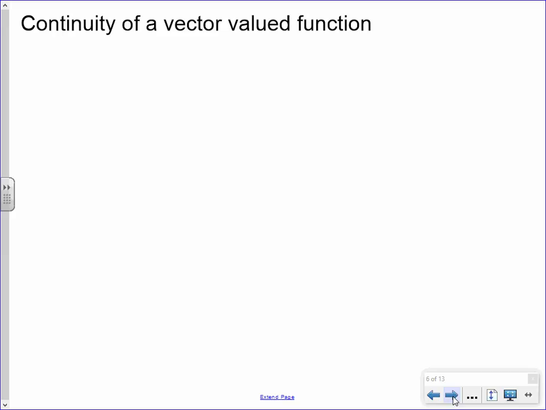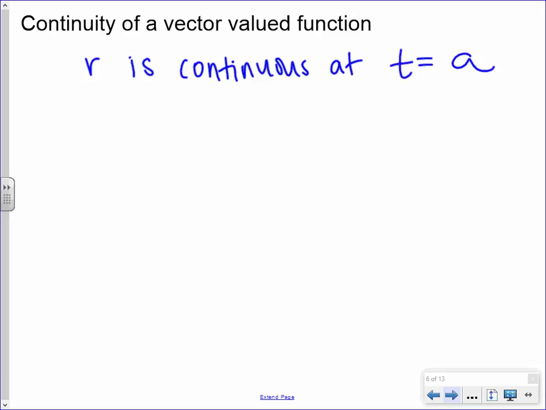Okay. So, same thing here. If r is continuous at t equals a, then that means that, number 1, the limit as t approaches a of r of t exists.